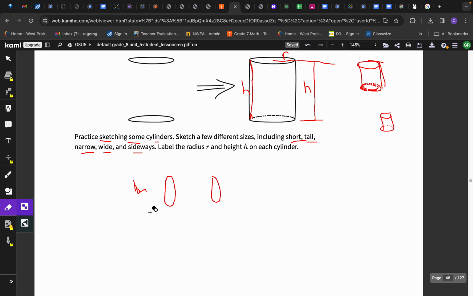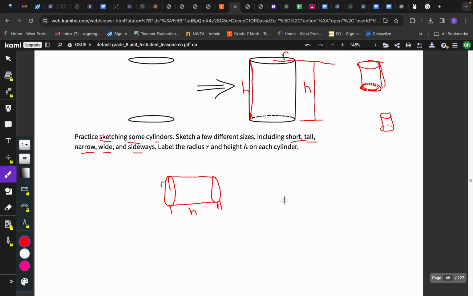Just because it's on its side, the height would still be right here, from here to here, technically the middle to the middle. And the radius is still from here to here.